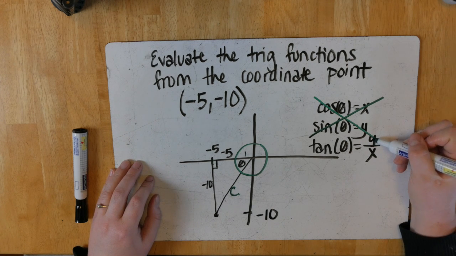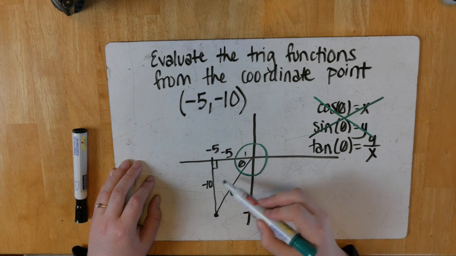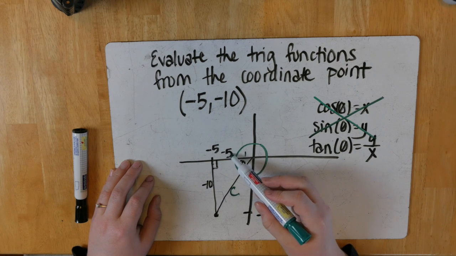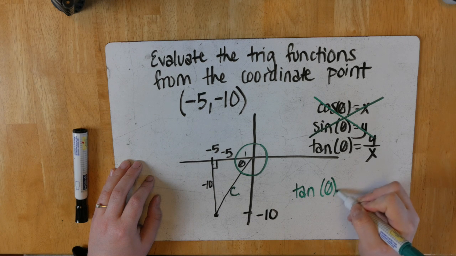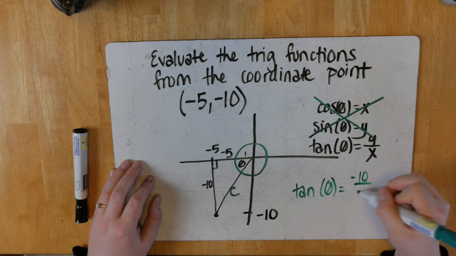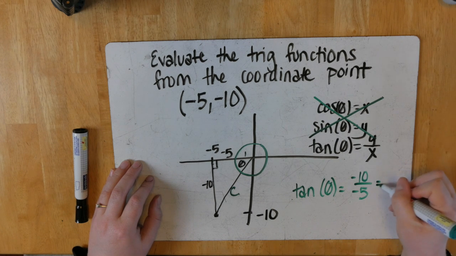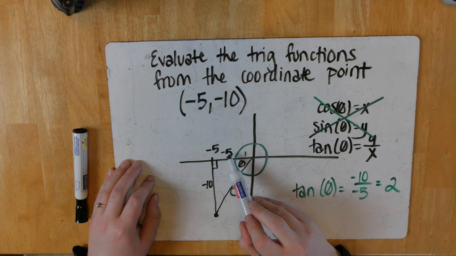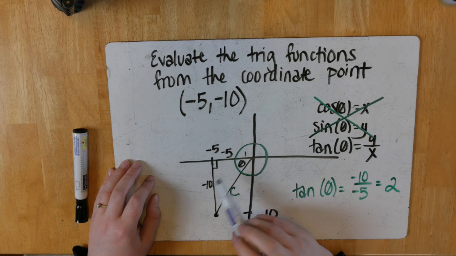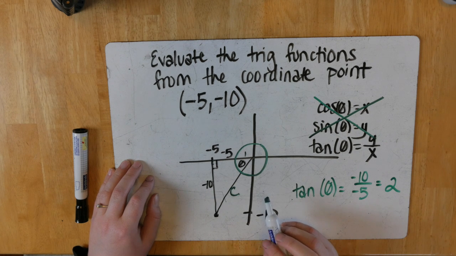So while we could evaluate tangent by doing -10 divided by -5, we can say the tangent of theta is -10 divided by -5, which is +2. We cannot say that the cosine is simply -5 and that the sine is simply -10.